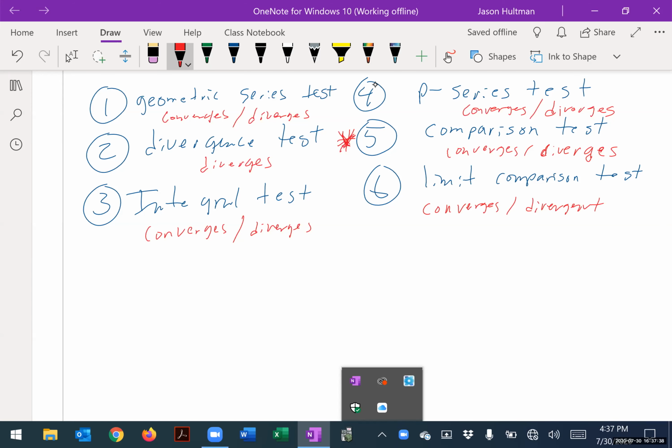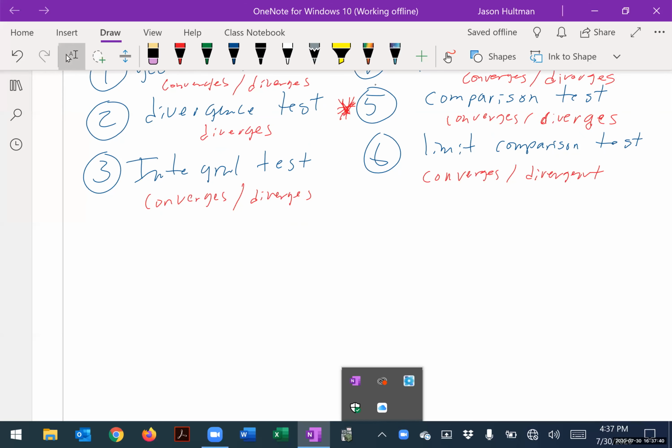But what about the comparison test? The comparison test does not always work. What happens if b sub n is convergent, but a sub n is bigger than b sub n?